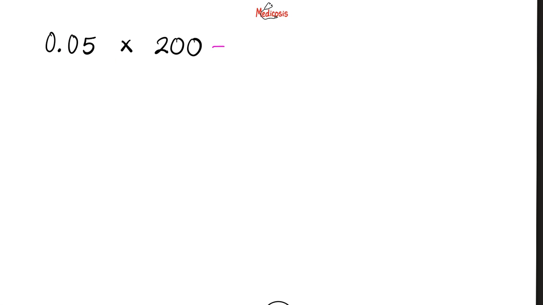Next, how can you solve this? Well, there is a lovely trick that goes like this. If you have A multiplied by B, A multiplied by B equals A times 100 multiplied by B divided by 100. You can cancel the 100 with the 100, so the end result is A times B. You can do the exact same trick here. 0.05.